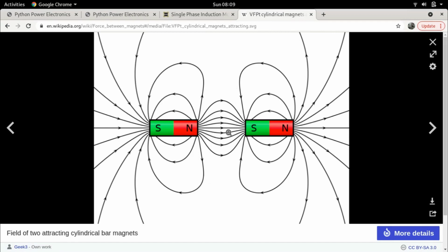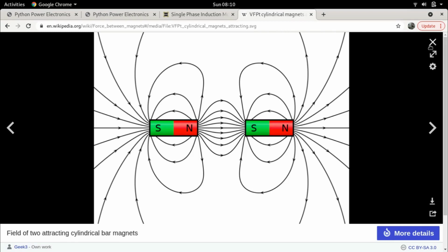The reason is because now these magnetic lines of force are going directly from one north pole to the other south pole. The result is, when you have this sparse, or rather low density of magnetic lines of force, you have an attraction. These two magnetic poles start being attracted to each other.